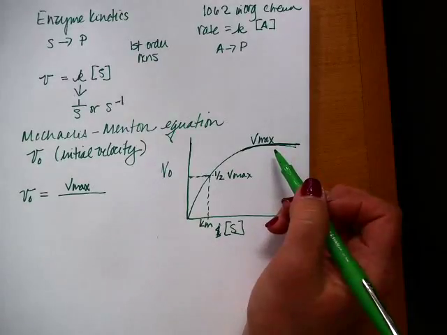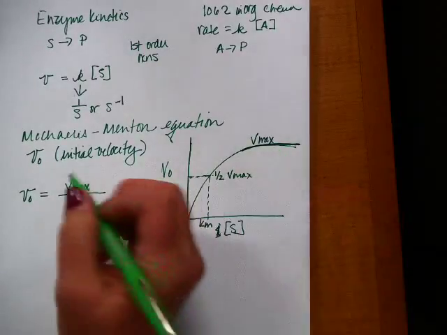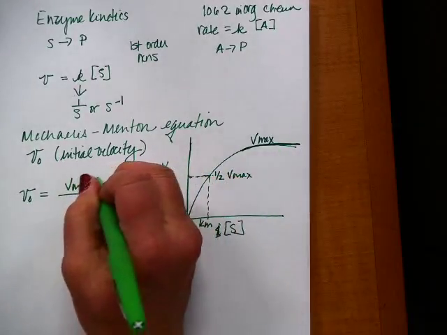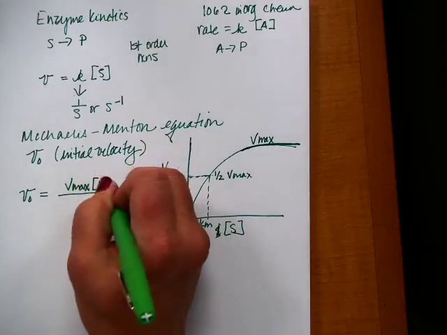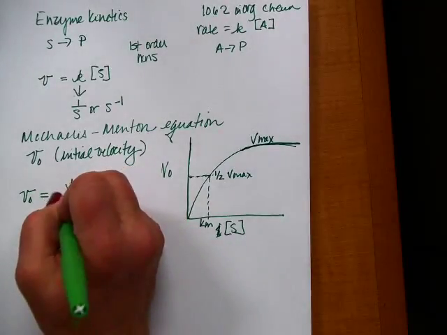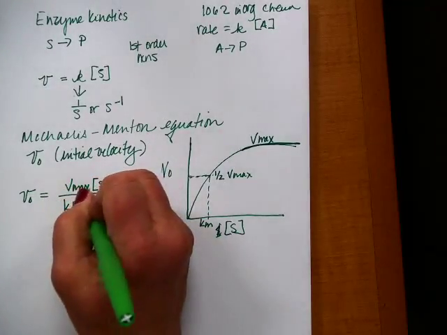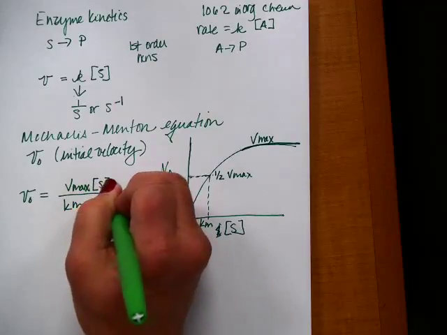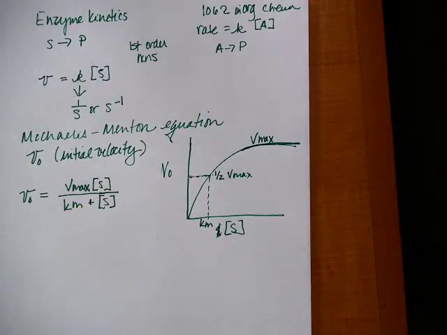So Vmax is on top, and we're going to multiply Vmax by the concentration of substrate. And then we have Km plus the substrate concentration on the bottom. You need to be able to use this equation and manipulate it. Okay. And we'll do some examples of that.